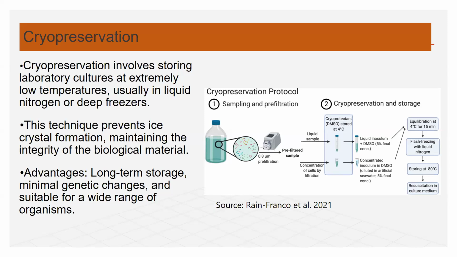If you don't want the liquid sample itself, you filter it, and then you apply liquid inoculum with your DMSO, and depending on the formula that is used in your lab, you apply whether it is 5% final concentration or you want to dilute it with seawater, depending on where you isolate your organism from.